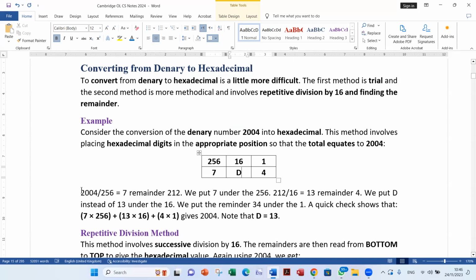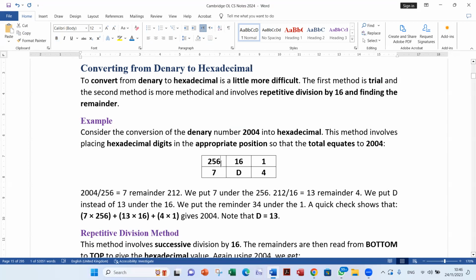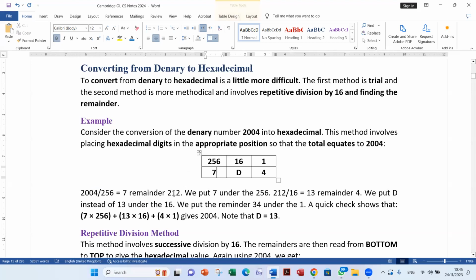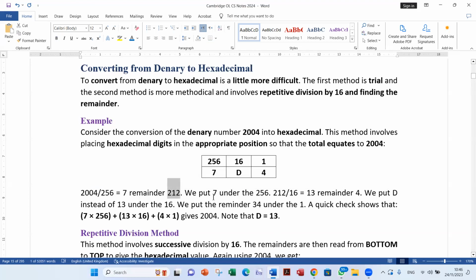The point is 2004 divided by 256, you get 7, remainder 212. You put the 7 under the 256. And the remainder is 212.